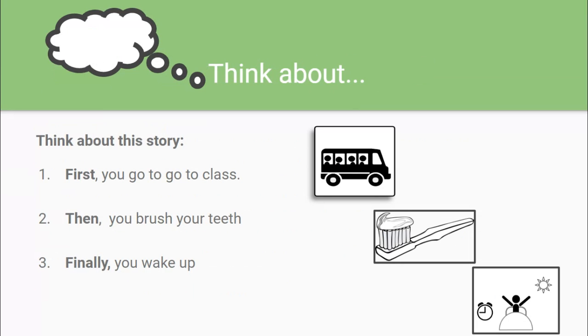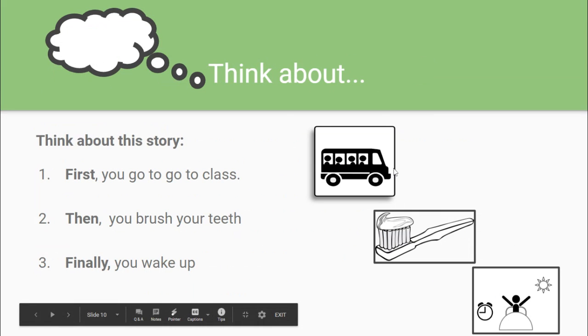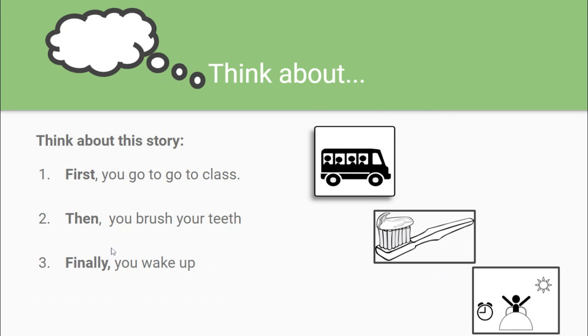So let's think about a story. First, we go to class. Then you brush your teeth. Finally, you wake up. Now really look carefully at this story. Does this make sense? Primero te vas a la clase. Luego limpias tus dientes.